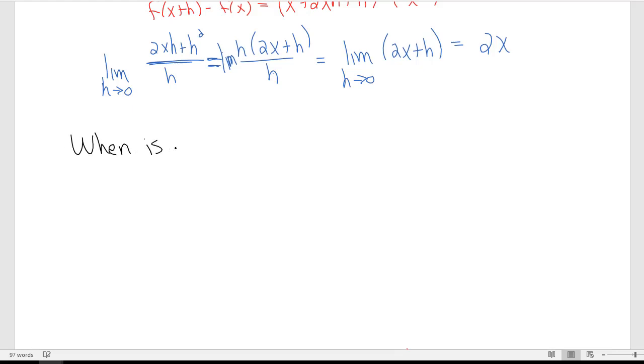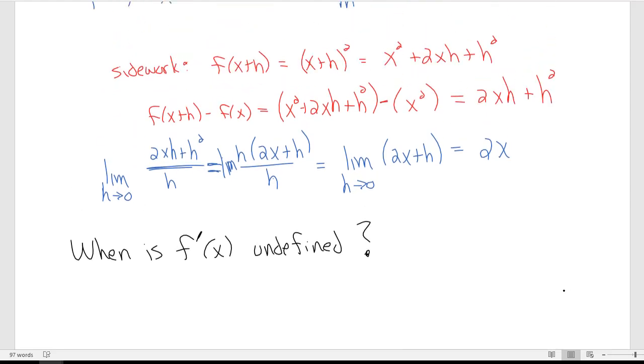When is f prime undefined? Right? Now, that needs a question mark, doesn't it? Without getting too gory into details here, let's just talk big picture, conceptual again. What does it mean for the derivative to be undefined?